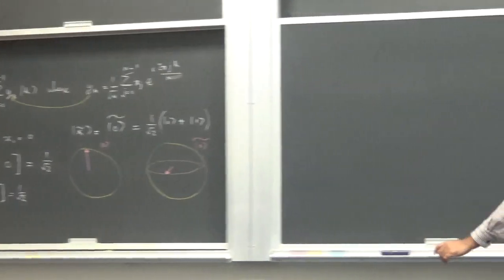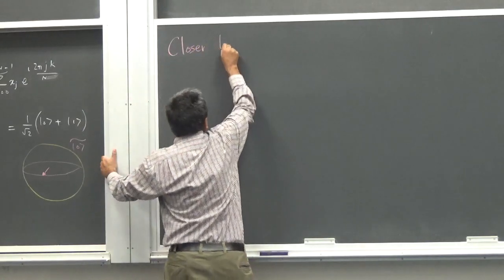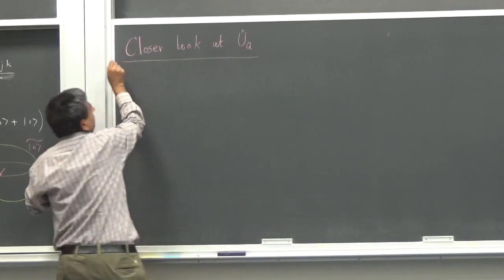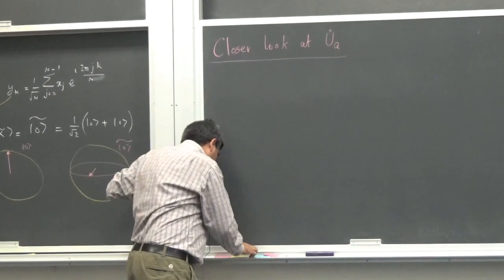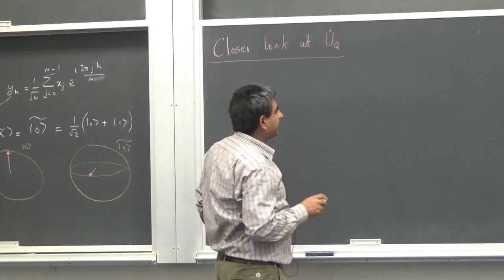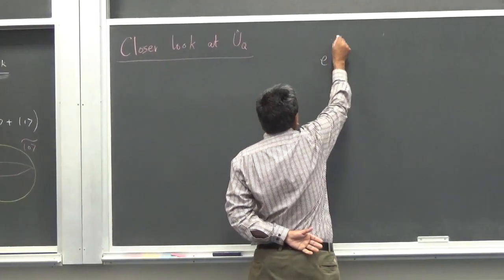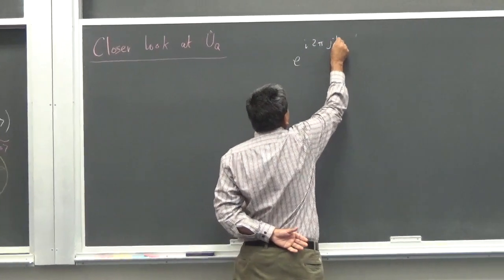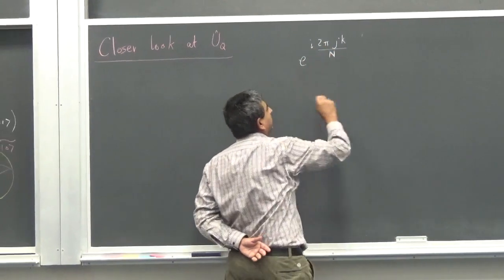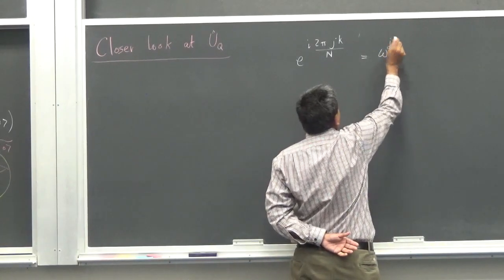All right. So now let's take a closer look at U_Q. First of all, a general form for U_Q. So one convention that is generally used, it's a notation: this term e^(i 2π jk over n) is also written as omega raised to jk.